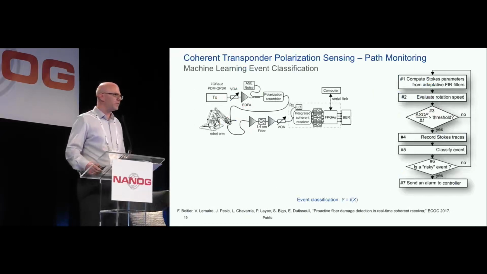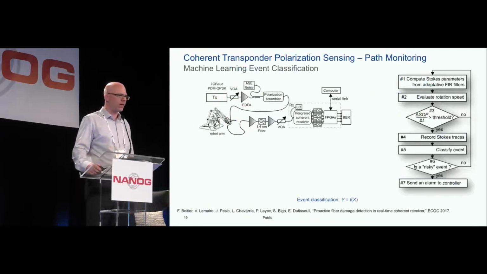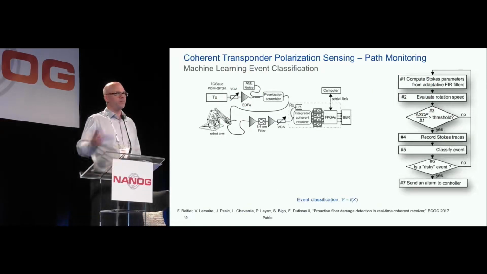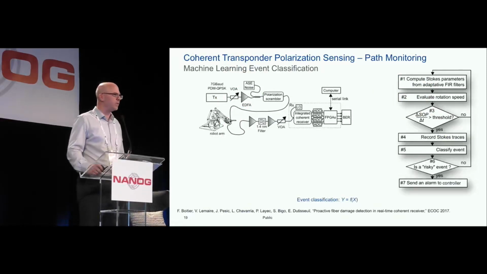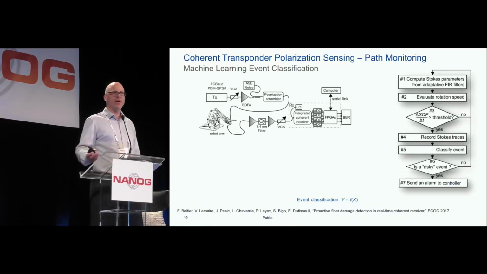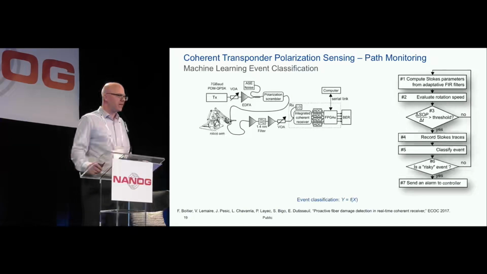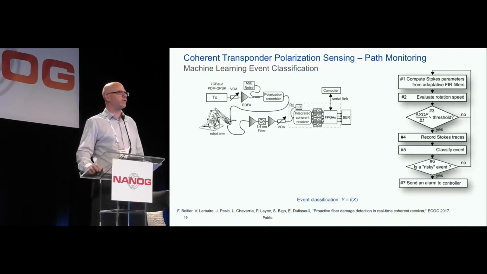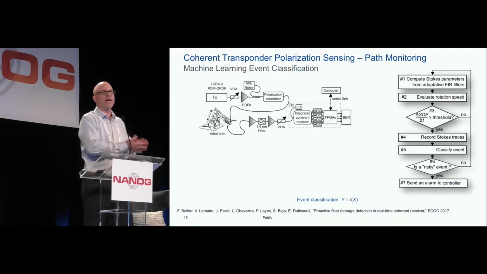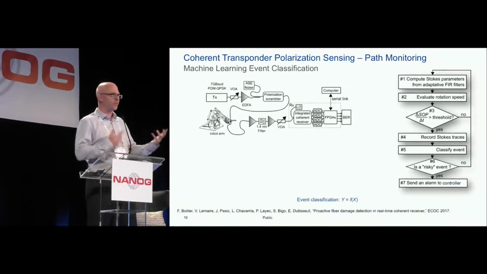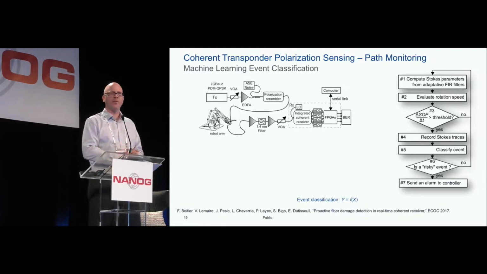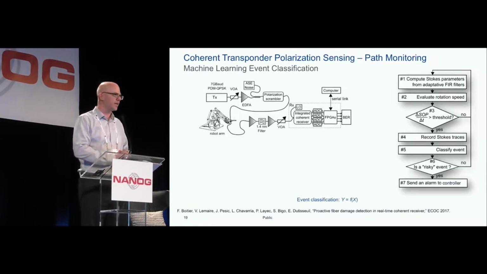And then the other method was done by my colleagues in France. They looked at polarization path monitoring. Here you don't need to add in any extra hardware. They're just using the coherent receiver of the dual polarization system. With these coherent dual polarization systems, you need to track the incoming polarization state of the signal in order to be able to detect both of those polarization states.